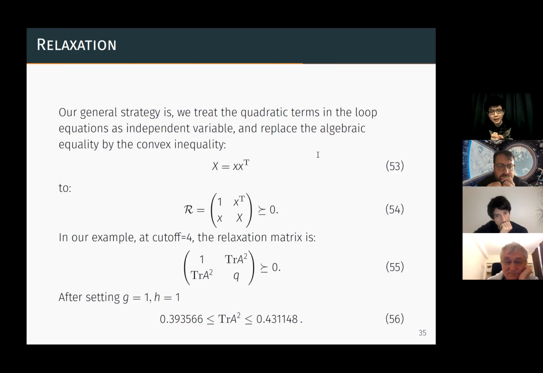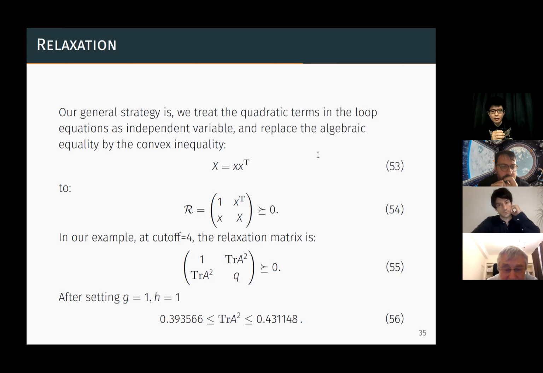Here we forget about equation 53 on x, but we impose condition 54 on x. In our case, with our quadratic term q, this is equivalent to forgetting that q is the square of the tree-level term, but instead imposing the inequality 55.